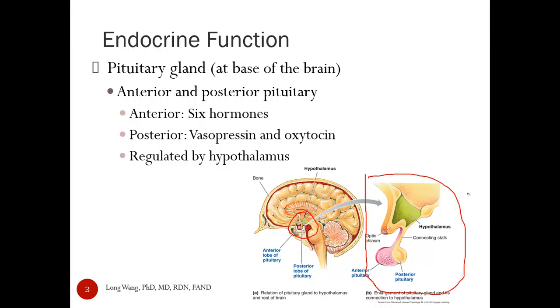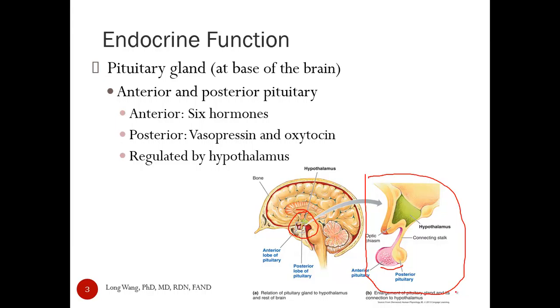The gland actually has 2 separate areas, anterior and posterior pituitary glands. Although in the anatomical structure, these 2 sections are very close next to each other, they actually are considered as 2 separate glands because they secrete different types of hormones.